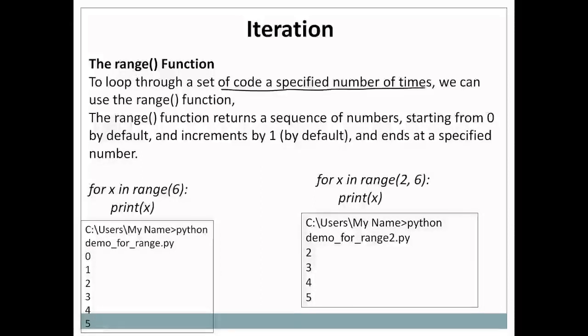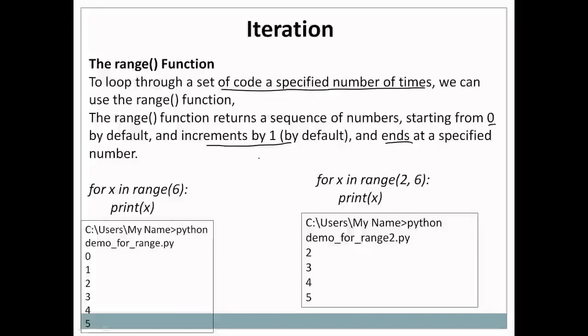The range function returns a sequence of numbers starting from 0 by default and incrementing by 1 by default. Again, those values can be changed. And it also ends at the specified number.